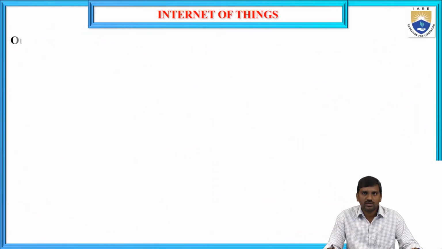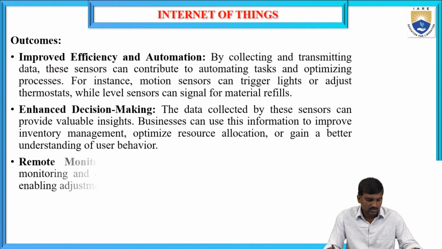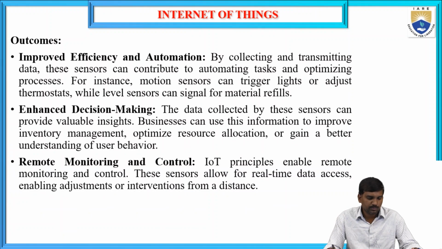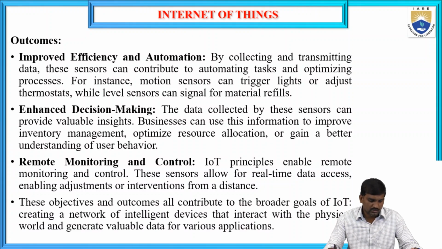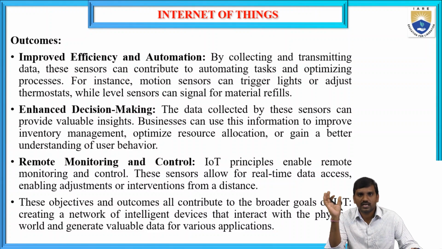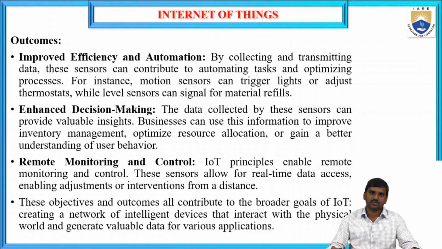Next, we have some more outcomes: improved efficiency and automation, enhanced decision making, and remote monitoring and control. Automation means it can automatically detect the device and any loss of information, and pass the information to the particular destination. It can send some alerts.